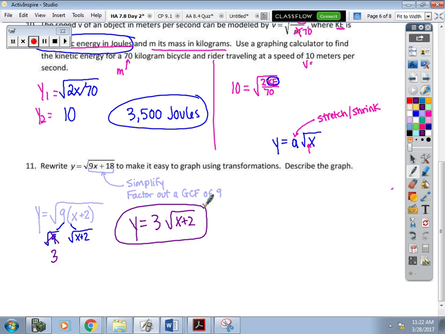Then they ask us to describe the graph. Okay? So this is something now we could graph. We know that the parent function y equals the square root of x is being shifted 2 units, which direction? Left.